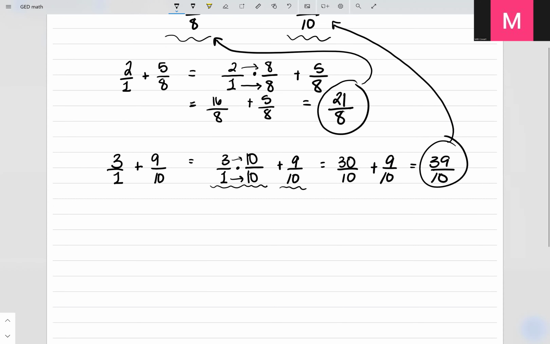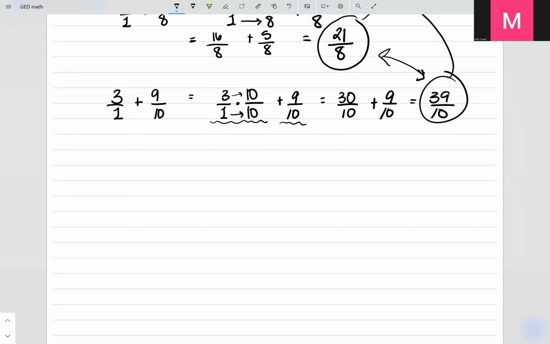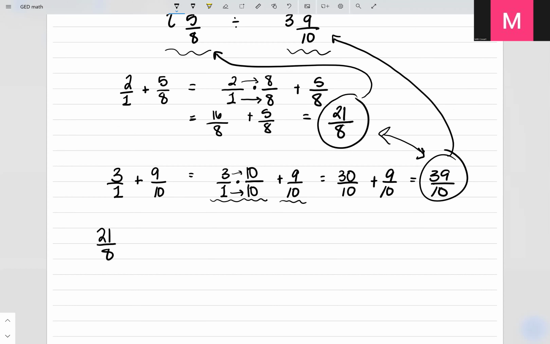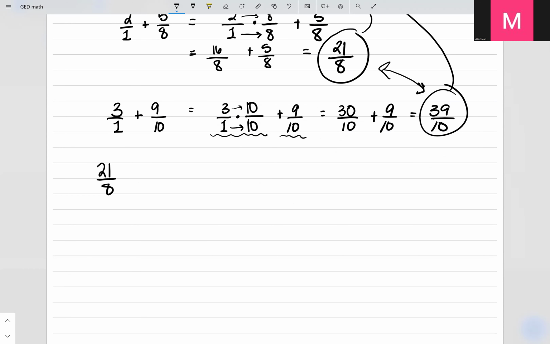And now we're going to take each of these values and reset up our division problem. So the first one is going to be 21/8, because that corresponds to what's first up here, divided by 39/10. And this is where we keep, change, flip: keep the first fraction, change division to multiplication, and flip the second fraction.